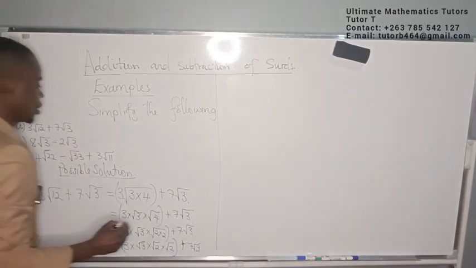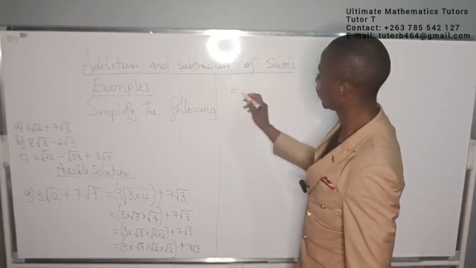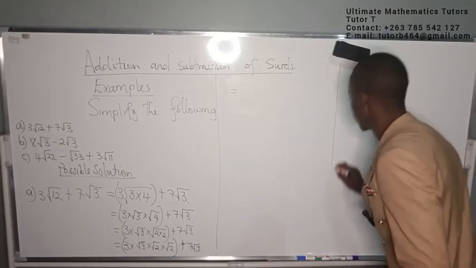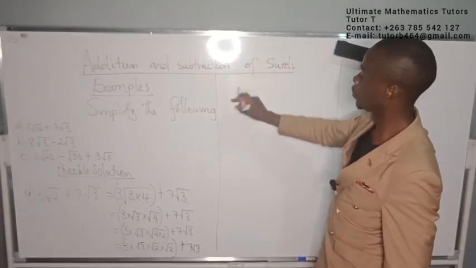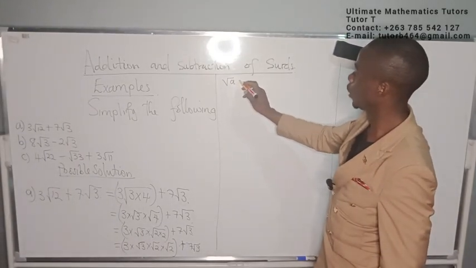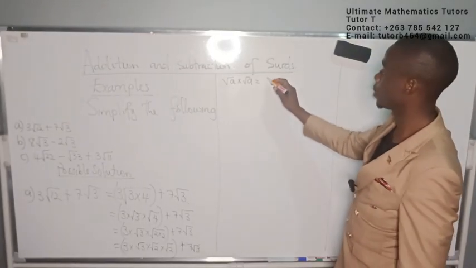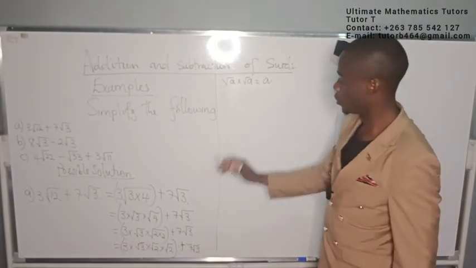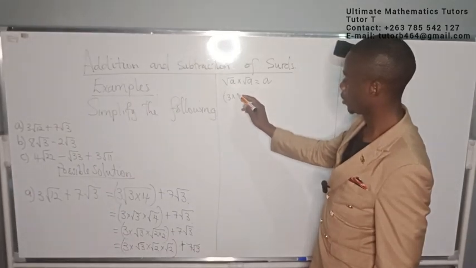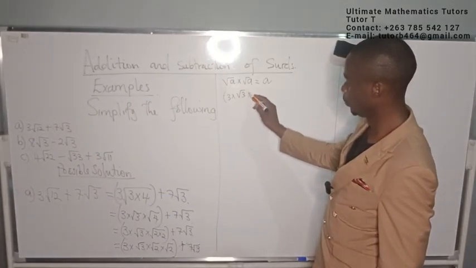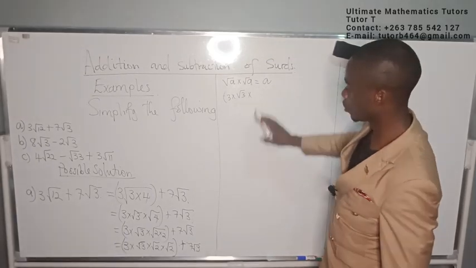Right, now still continuing there. What you need to take note of: remember, root of a times root of a is the same as a. So here we've got 3 times root of 3 times root of 2 times root of 2.